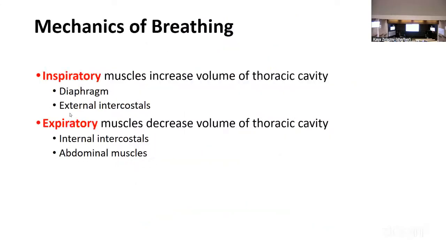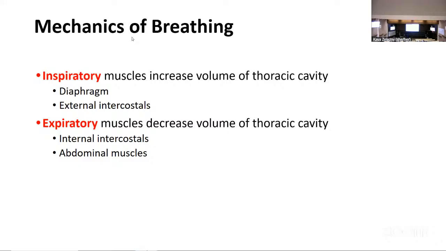Okay. We might want to add on what muscles we can see that are creating this change in the chest wall. So what physically is making your thoracic cavity larger, what physically makes it smaller. Okay. So when we breathe in, so inspiration, we've got our inspiratory muscles increasing the volume of the thoracic cavity.